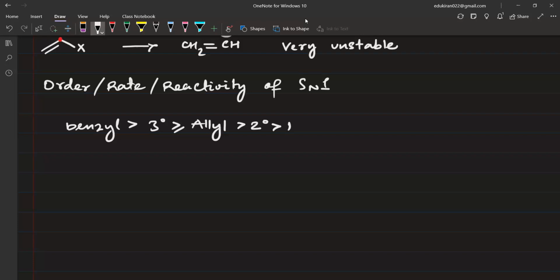But the most important thing you have to remember is that benzyl is the most stable. Benzyl is the most stable, and that is why when you compare the reactivity of certain substrates towards SN1, please see, the rate of SN1 is first of all directly proportional to the stability of carbocation.